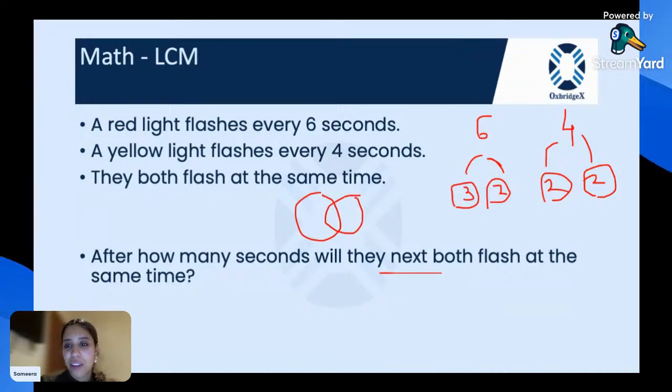So then I've got, right, anything that's common, 2 and 2. So that goes in the middle. What's left over? So I've got 3 on this side and 2 on this side. Lowest common multiple, hopefully someone remembers, you times everything in the Venn diagram together. So 3 times 2 is 6. 6 times 2 is 12.